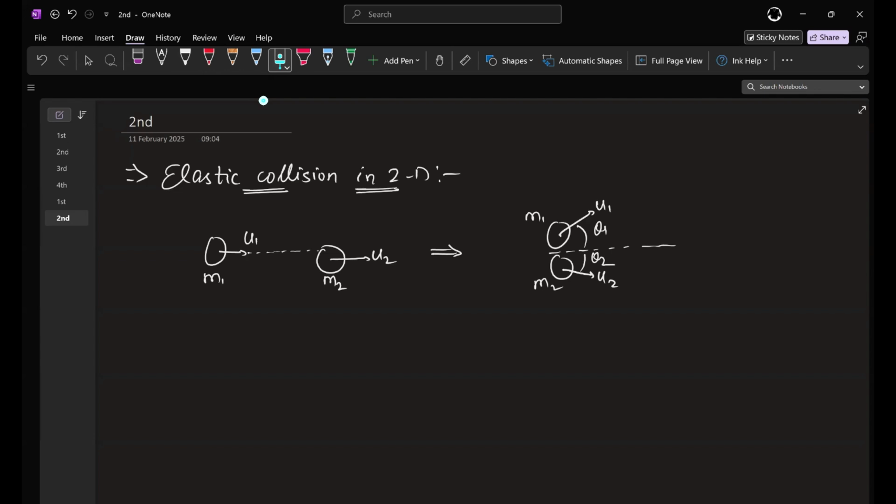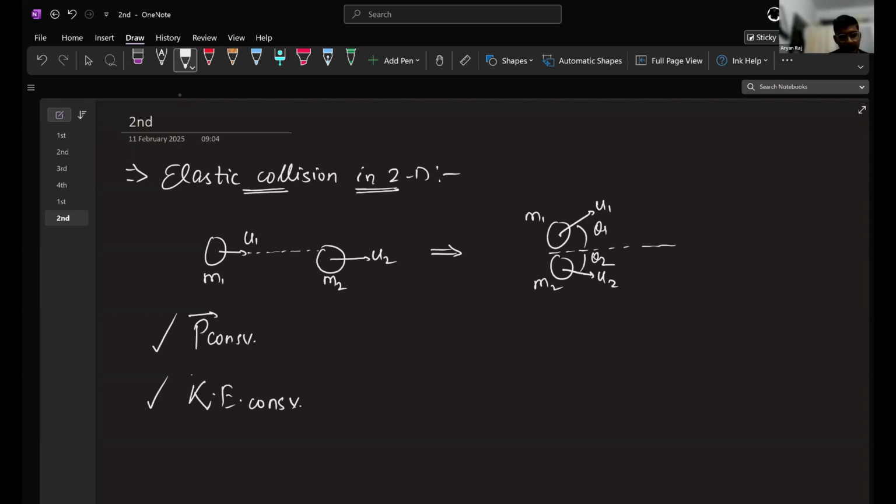Momentum conservation, and there was one more parameter that was conserved in elastic collisions. Speed or velocity? No, not velocity. Kindly revise the lectures.